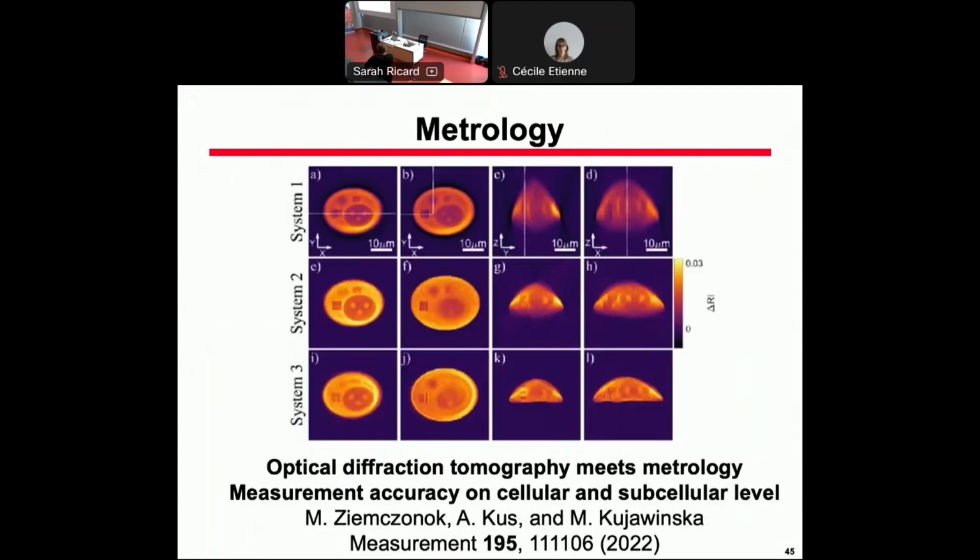And here is the same phantom observed with system 1, 2, and 3. If you read the paper carefully, you know who is who. Only 2 manufacturers and 1 system from the Polish colleagues. And this is the same object, the same artificial cell, observed. So you see that, for example, system 3 has been really oriented to perform morphological measurements which are more accurate.